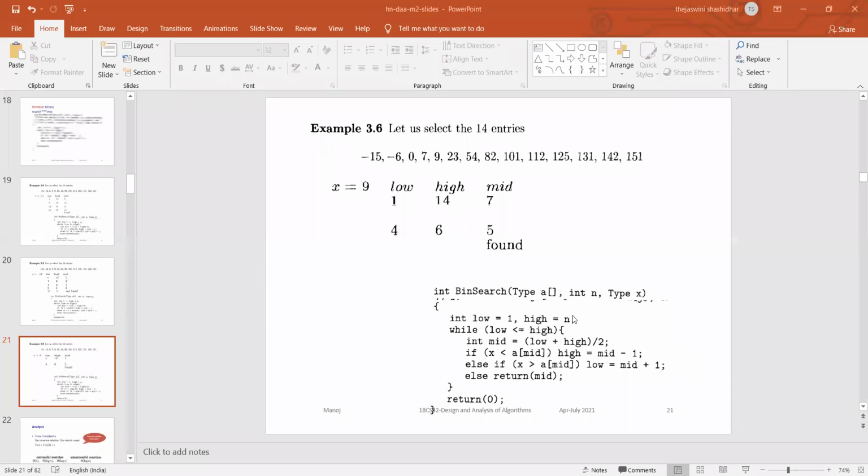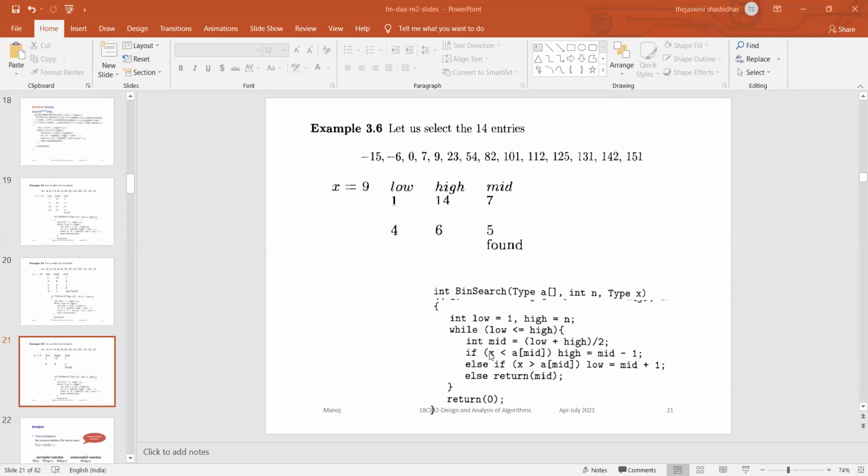Okay, so I will start with the next example. Now the key element we have taken is 9. First element is 1, high element is 14, so you get 7. What is A of 7? It is 23. Counting 1, 2, 3, 4, 5, 6, 7. So the key element 9 is less than 54.